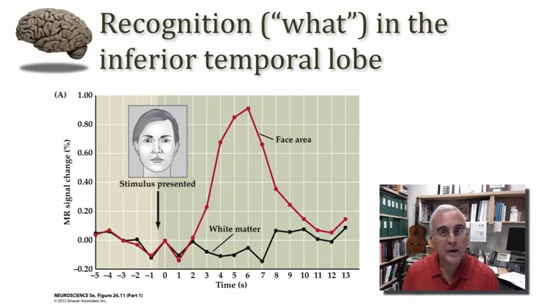So recognition is a key function of this inferior temporal network, especially when it comes to visual information, and especially for us when it comes to the human face. So these are examples of the kinds of specialized networks that we find in this inferior temporal lobe.